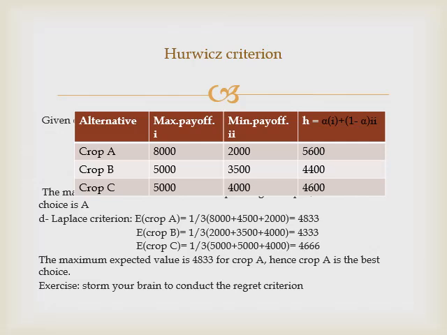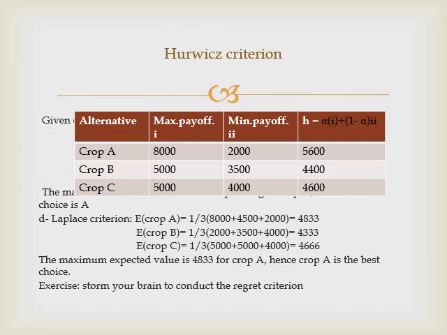The result is what? 5,600. This is H for group A. For group B, respectively, 0.6 times 5,000 plus 0.4 times 3,500. The result is 4,400.